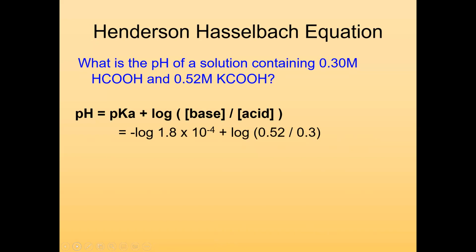When you plug this in the calculator, be careful: whenever you hit the negative log of Ka, it will open parentheses. Make sure that you close those parentheses before you continue typing in the rest of the equation. So this will still end up with a pH equal to 3.98.